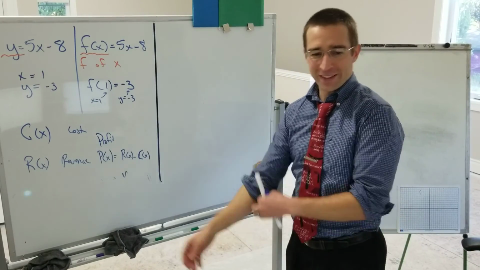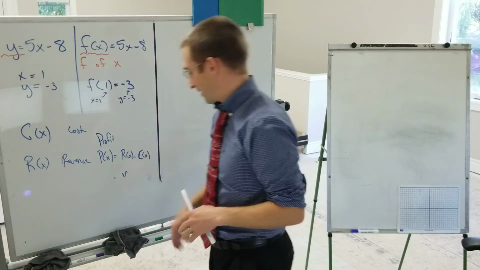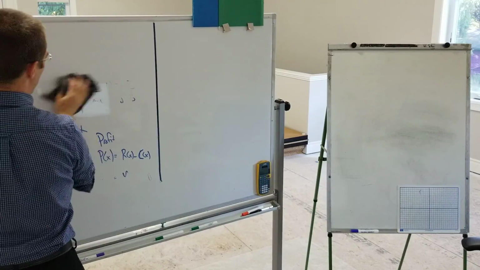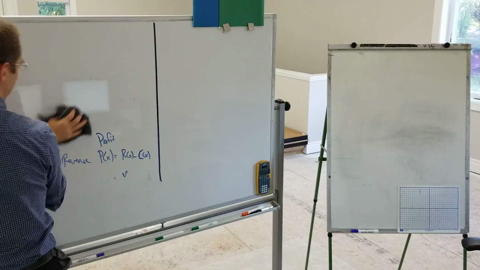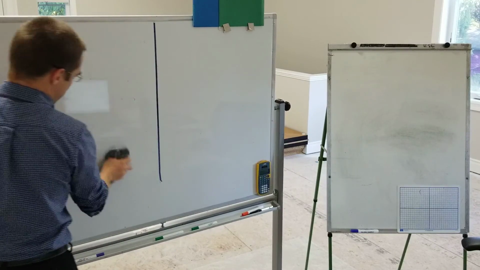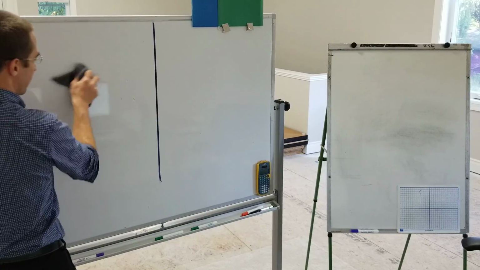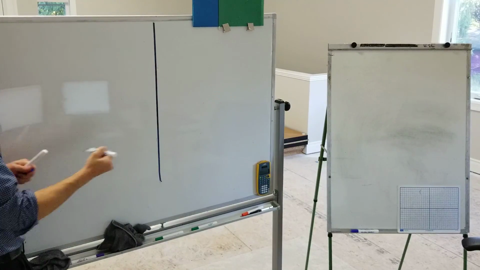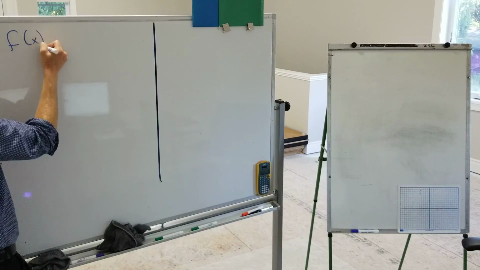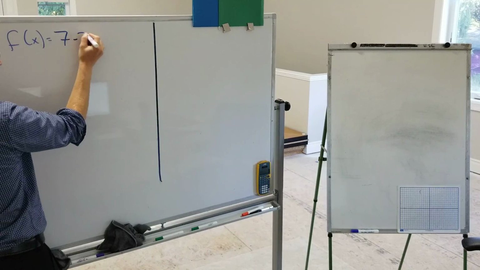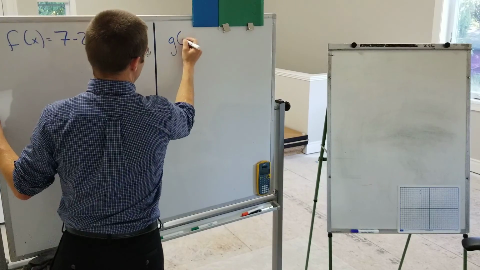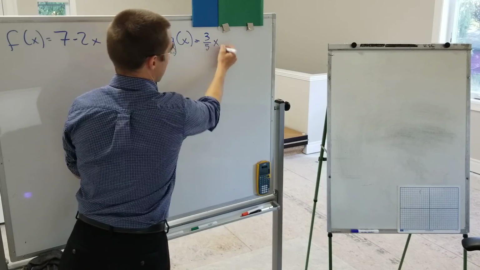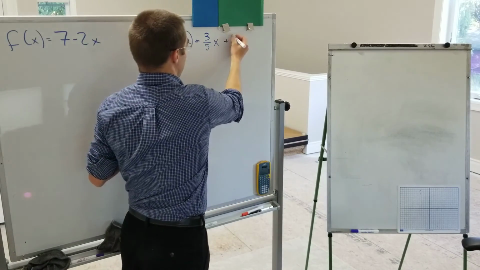Let's evaluate and solve using function notation. I'm going to erase this, and we'll do some actual algebra stuff with solving and evaluating. And by algebra stuff, I mean just stuff where there's numbers in it. That feels more algebra-y, usually. So let's say we have this function f of x equals 7 minus 2x. And let's say we have this function g of x equals 3/5 x plus 1.